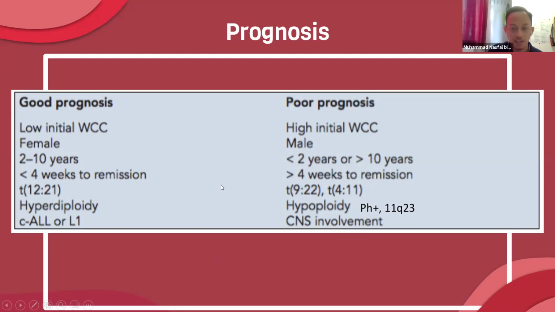So for poor prognosis, the initial white cell count is high, the patient is male, the age is less than 2 years or more than 10 years, and there is more than 4 weeks to remission. The genetic defect is translocation 9;22 and also translocation 4;11, and also there is hypodiploidy and CNS involvement in the patient.